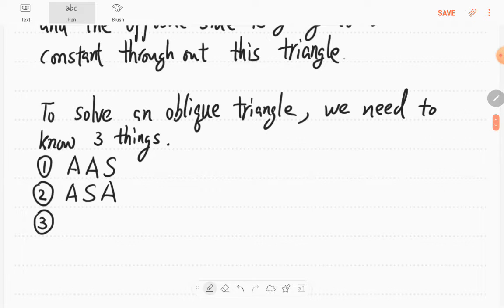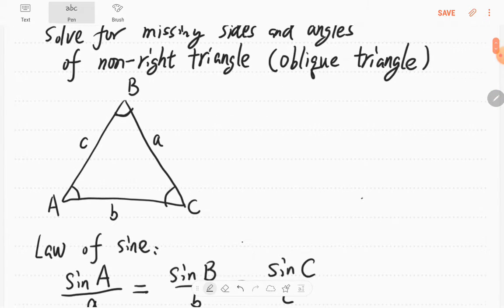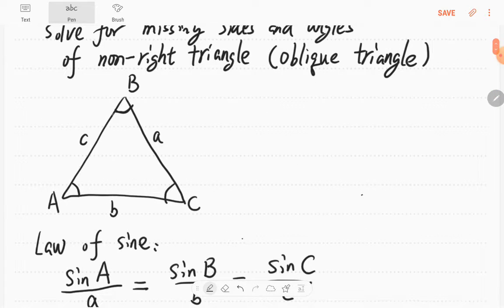The third case is two sides and one angle, SSA. We know two sides and an angle, and this angle is not between these two sides. So if you know side c and side a, then the angle could be A or C, but not B, because B is between them.